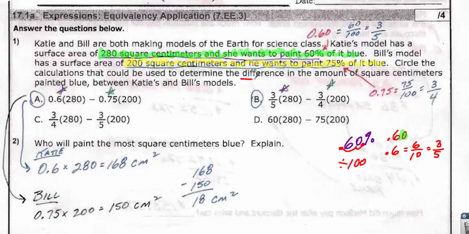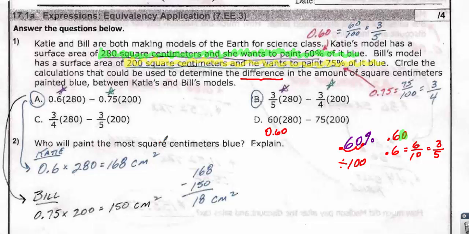Remember, these are both different problems. C does not work. 3/4 with the 280, not correct. D does not work. That would have to be either 0.60 or 60%, but it doesn't work, 60 times 280. So now we know that A and B are the correct answers for number 1.